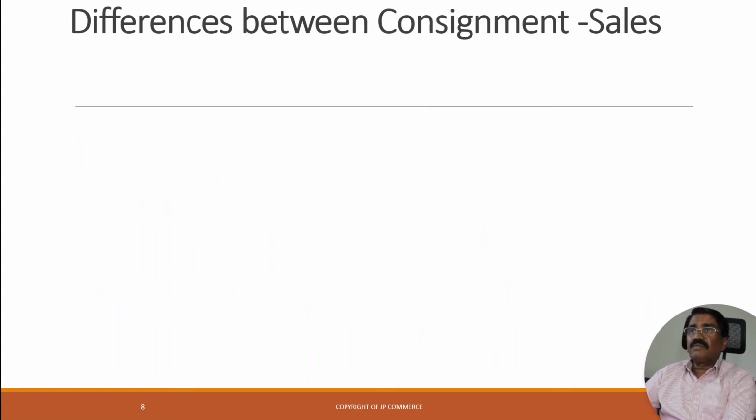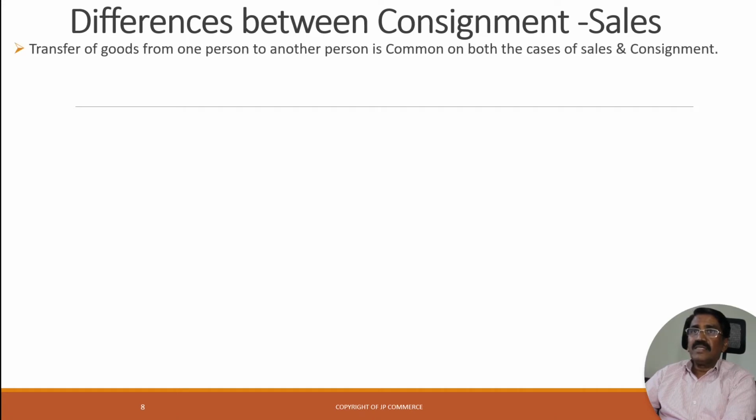Now, differences between consignment and sales. Transfer of goods from one person to another is common in both cases, consignment and sales. But on close notice, we find certain differences.